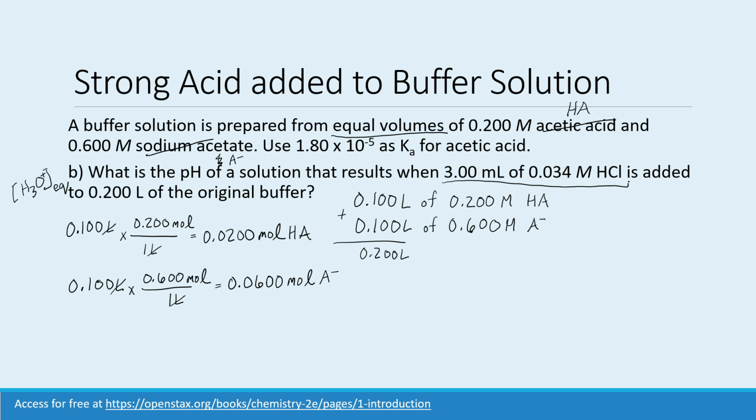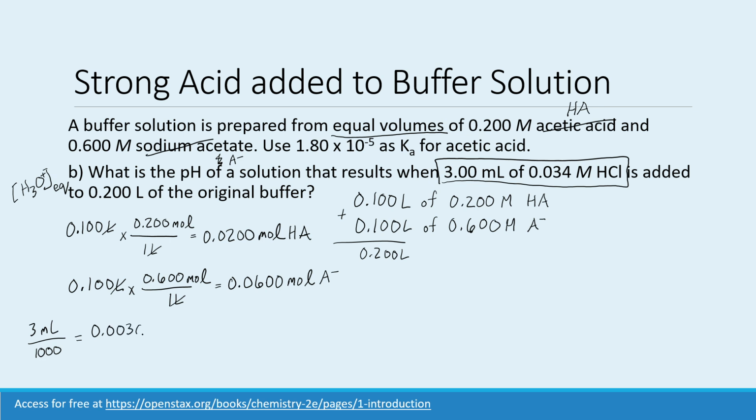And then we can't forget that we've also got to do it for the strong acid that's being added. It's 3 milliliters, so we have to convert it to liters before we can use it. So 3 milliliters, make sure to divide that by 1,000.